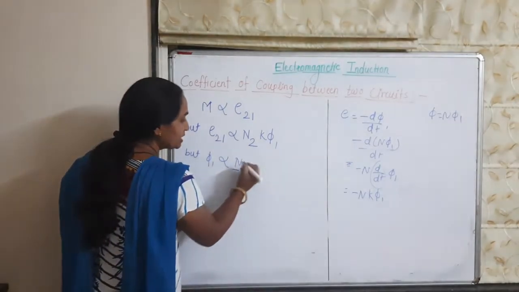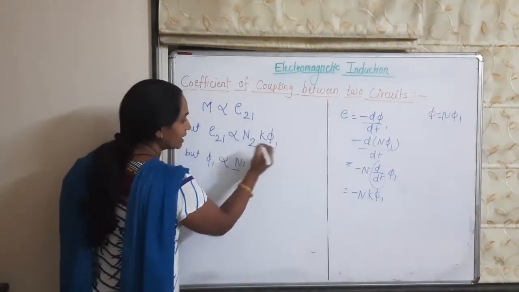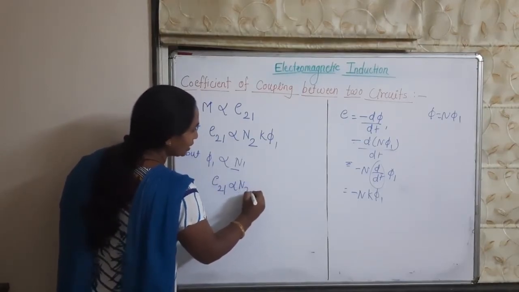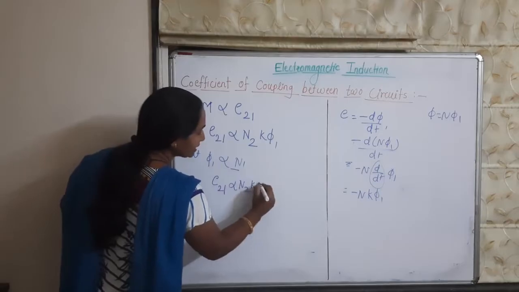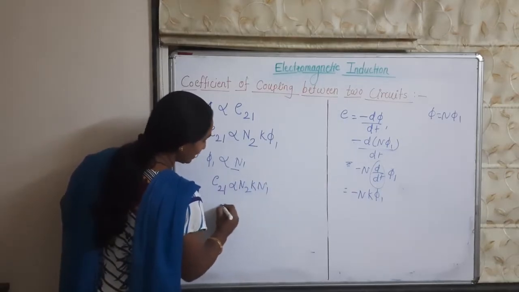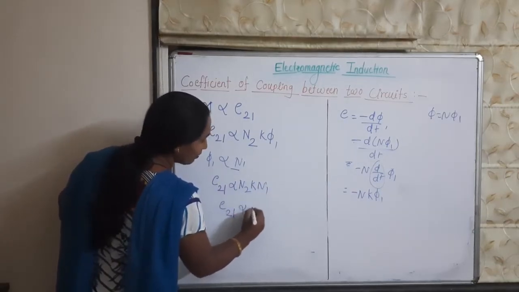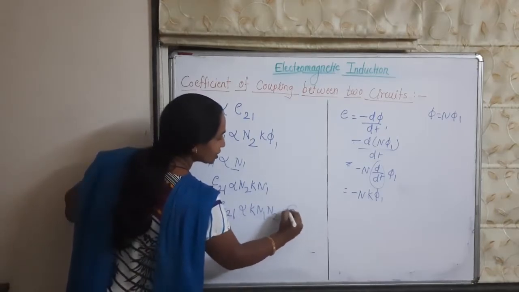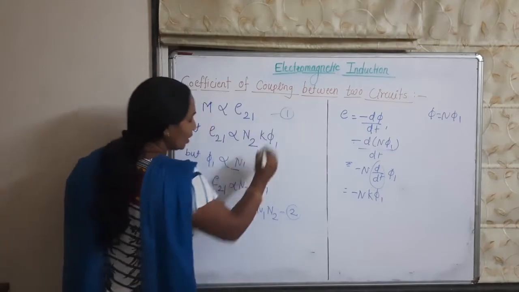Substituting the phi 1 value here, E21 is proportional to N2 K N1. This equation can be written as E21 proportional to K N1 N2. This is equation 2 and this is equation 1.